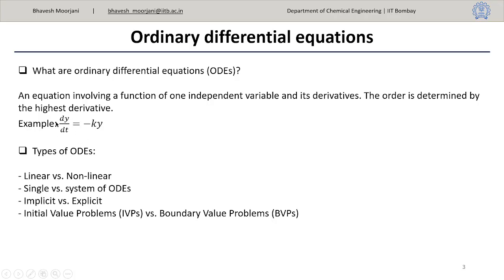So here the derivative of y is with respect to t only. That's why it's an ordinary differential equation. When you have derivatives with respect to multiple independent variables, it becomes a partial differential equation. In that case, the solution strategy will be different, which we will look at at a later stage. Right now, we are focusing on ordinary differential equations.